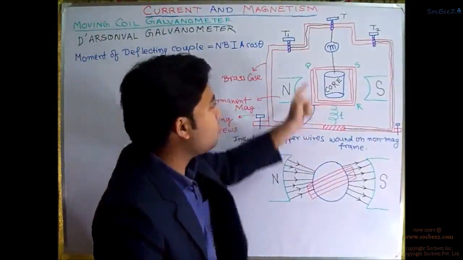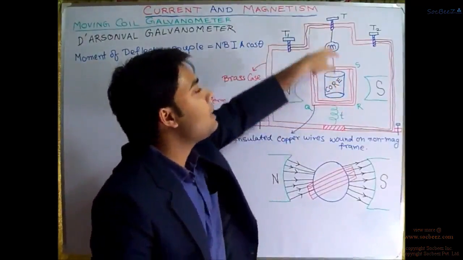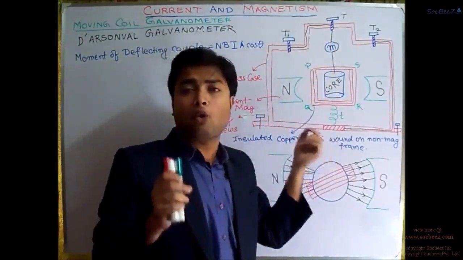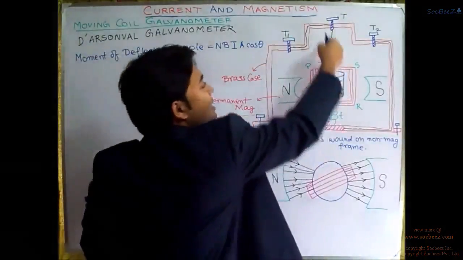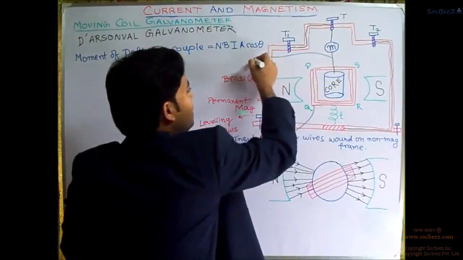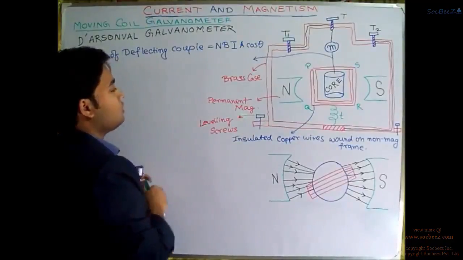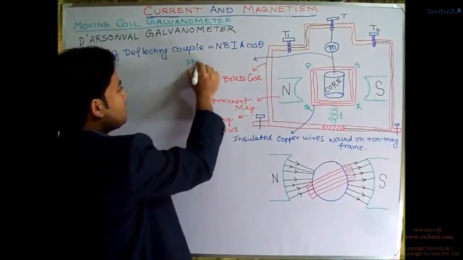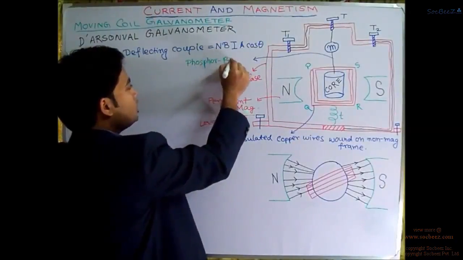Now, this PQRS and the soft iron core are suspended by a thin phosphor bronze strip, right? So we can say that the strip is made up of phosphor bronze.